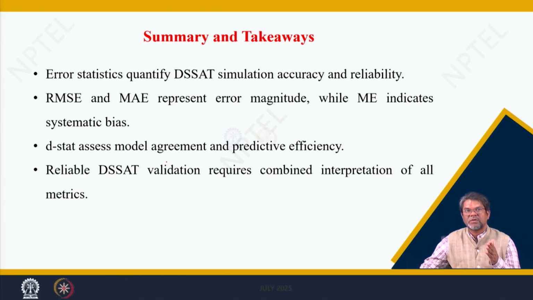For calibration, the d value should definitely be 0.9 or higher, and for validation, if the d value that assesses the agreement is very poor, then you go for recalibration of these model parameters. A reliable DSSAT validation requires combined interpretation of all metrics, because you can use the root mean square error, the normalized root mean square error, and also the d statistic. That gives information about the model performance evaluation.